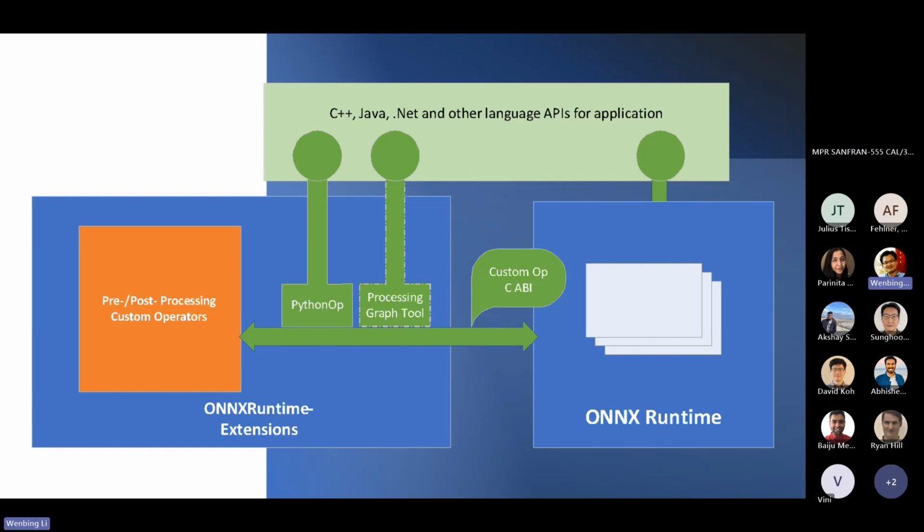This can be used for debugging, when you want to debug some scenario with Python and some Python is missing in the model. You can just wrap the Python function and inject it into the model, and you can get end-to-end debugging working. Beyond that, we have all these APIs, and for your application, you can just use it in your app in your own language.